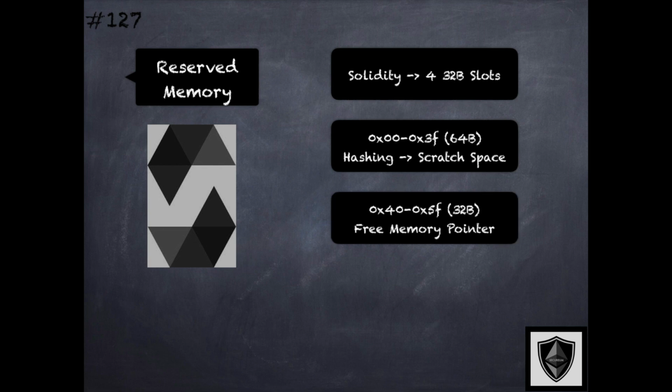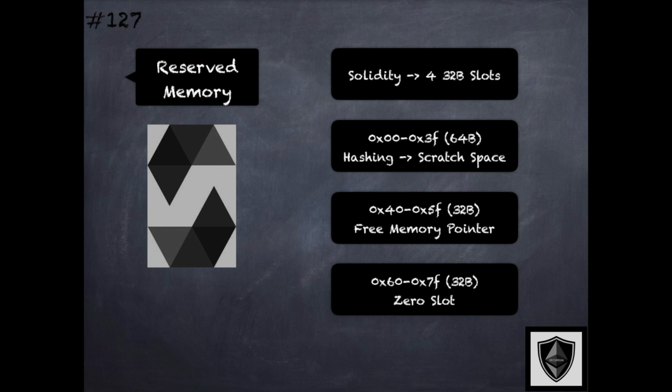The third slot, again 32 bytes, is used for the free memory pointer. So this points to the next byte of memory within Solidity that is considered as free. Or in effect, this also indicates the amount of allocated memory currently within Solidity.